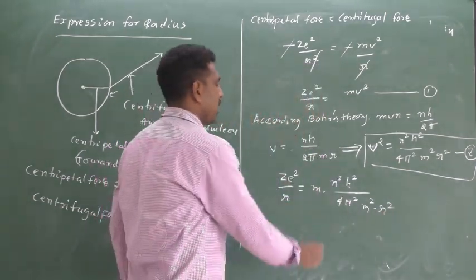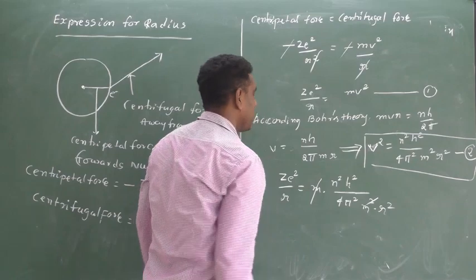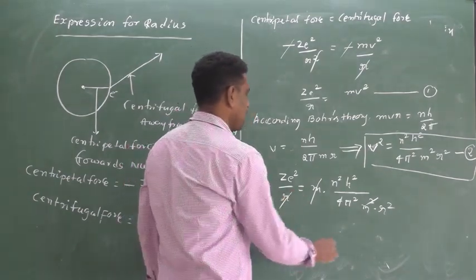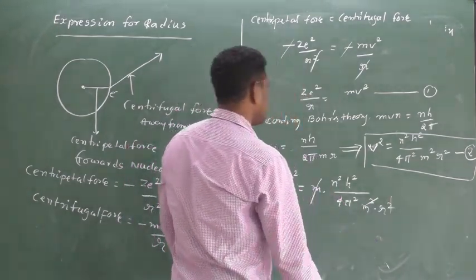So this m and this m square will be cancelled, and this r and this r will be cancelled.